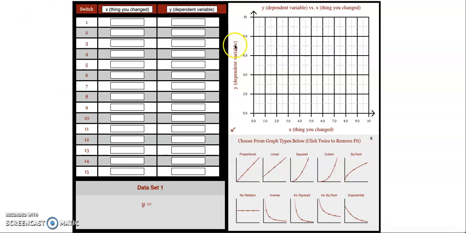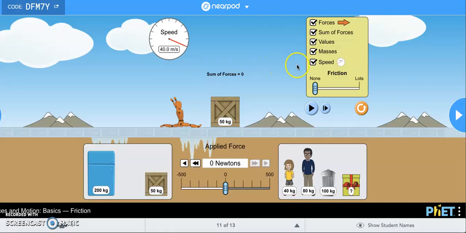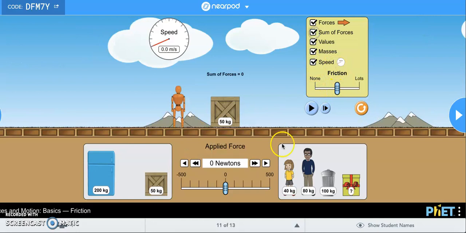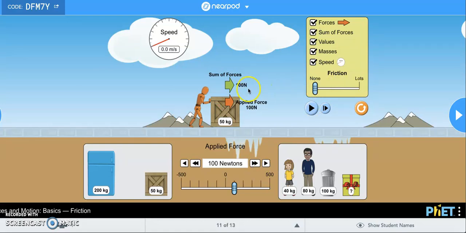Part 1, you are graphing your acceleration versus your mass. In part 2 of the activity, you are going to keep the mass the same for all your trials, and you are going to be changing up the force each time. And remember to set friction to 0. And so for your second graph, instead of it being acceleration versus mass, this time it will be acceleration versus the force in newtons.